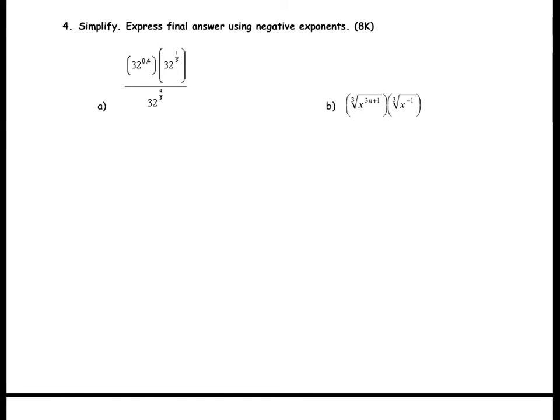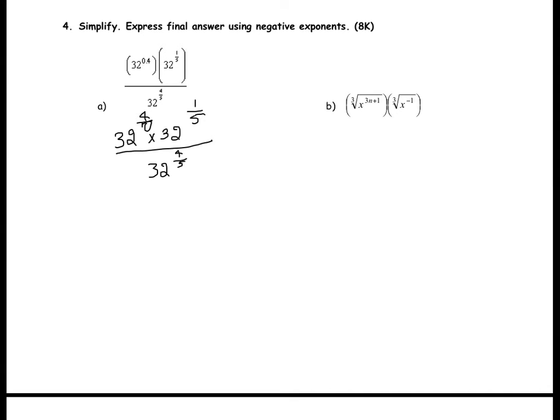The next question is, simplify the following and express the final answer using negative exponents. Again, I'm going to write all the exponents and then simplify, and for the final answer, I'm going to make sure it's in negative exponent. 32 exponent 0.4 is the same as 32 exponent 4 over 10 times 32 exponent 1 over 5 divided by 32 exponent 4 over 5.